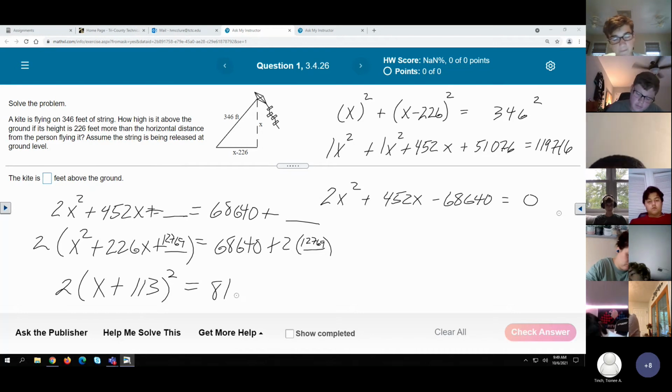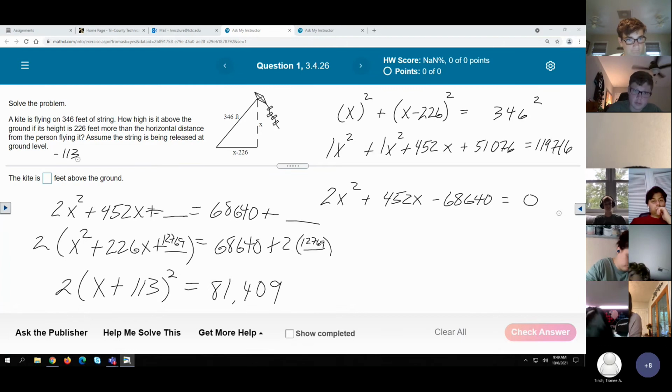81,409. Divide that by 2, that's our vertex. Our vertex is negative 113, comma, negative 81,409, which we don't care about.